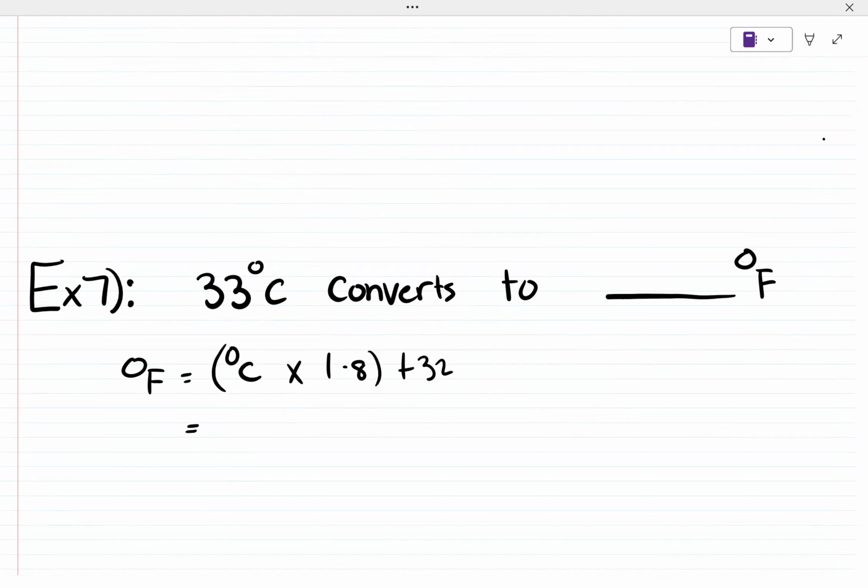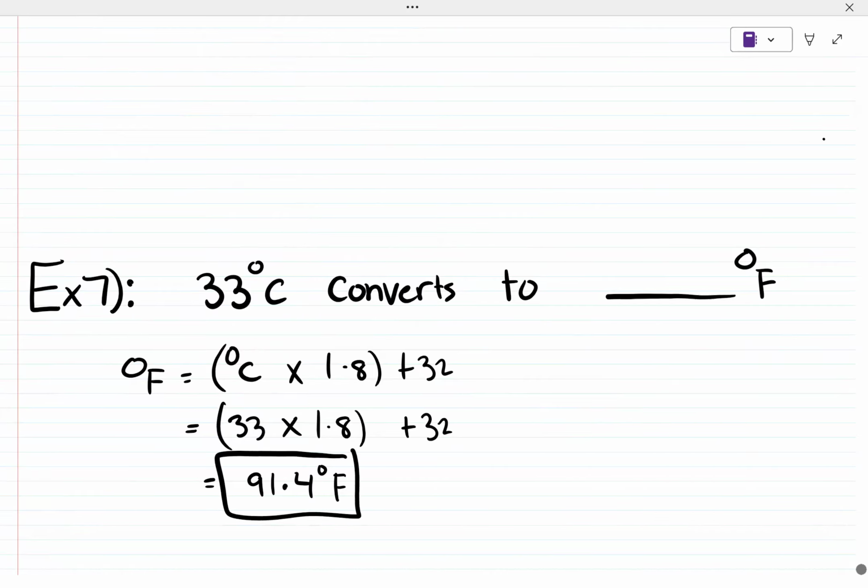That is 33 times 1.8 plus 32. And you get 91.4 degrees Fahrenheit. It's rounded to the nearest tenths, usually, so it would be 91.4 degrees Fahrenheit.